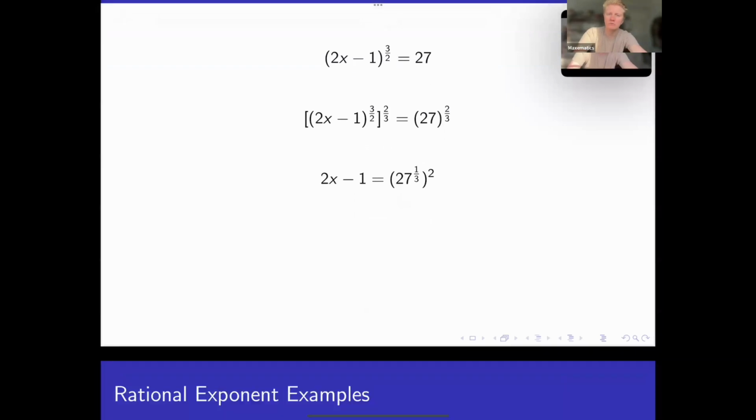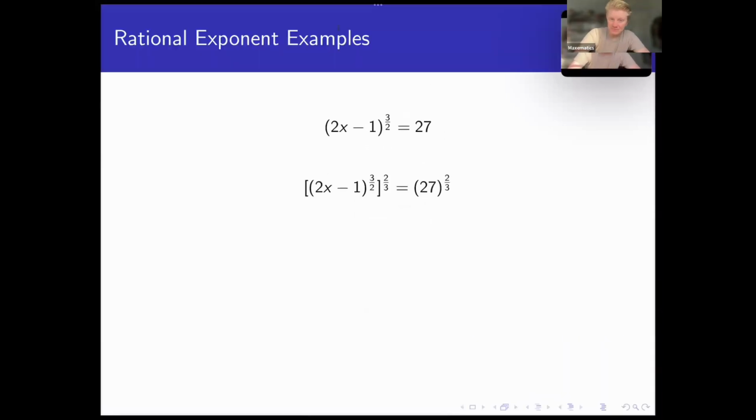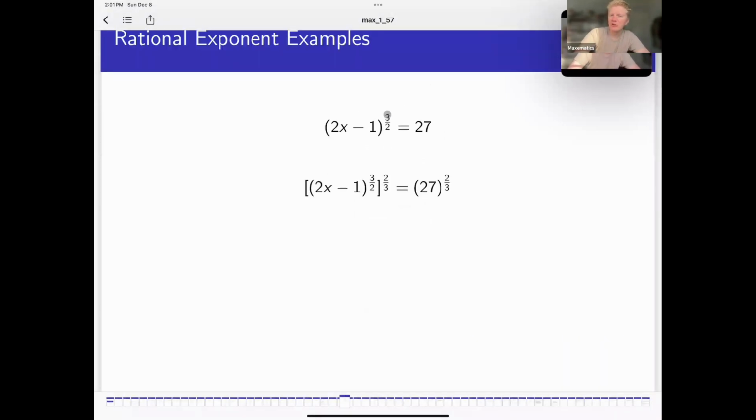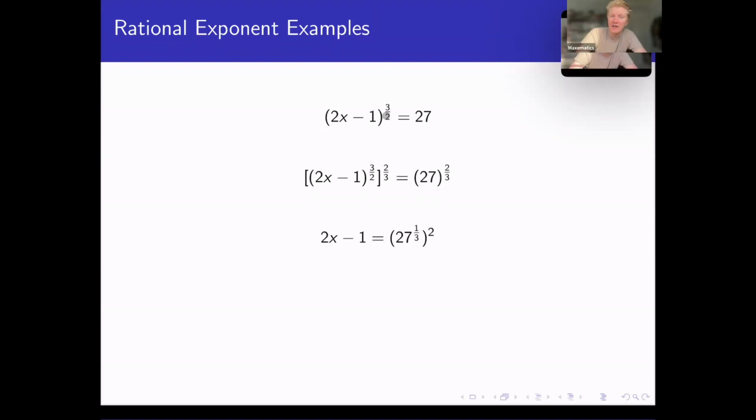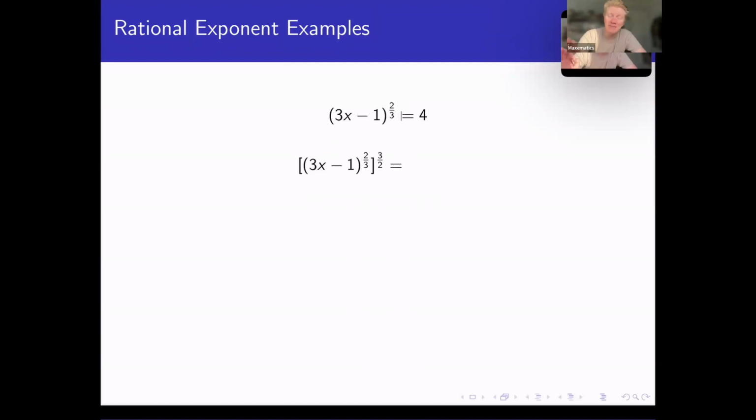Here, this is 3 over 2. Numerator was odd. Nothing weird happened. No plus or minus happened when this was odd. But for the first time, we have an example where this numerator is even. If the original numerator is even, we pick up a plus and minus.